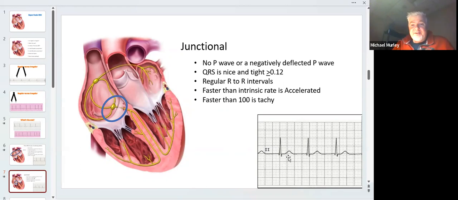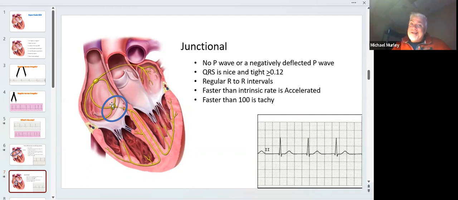So this one here is starting around the bundle of His, that higher end of the bundle of His. This is also important to know because if you have no P wave activity, then this one starts below the AV node and it will not be affected by atropine because it doesn't have those parasympathetic receptor sites.